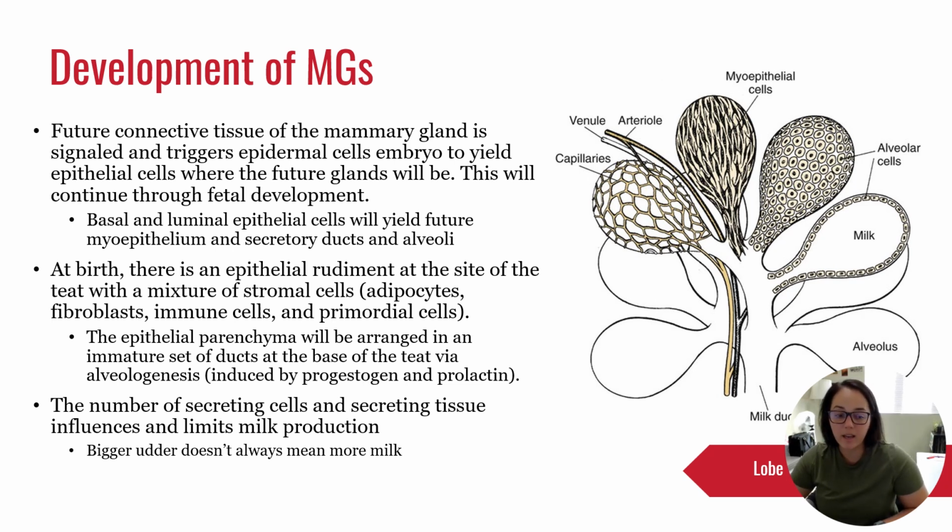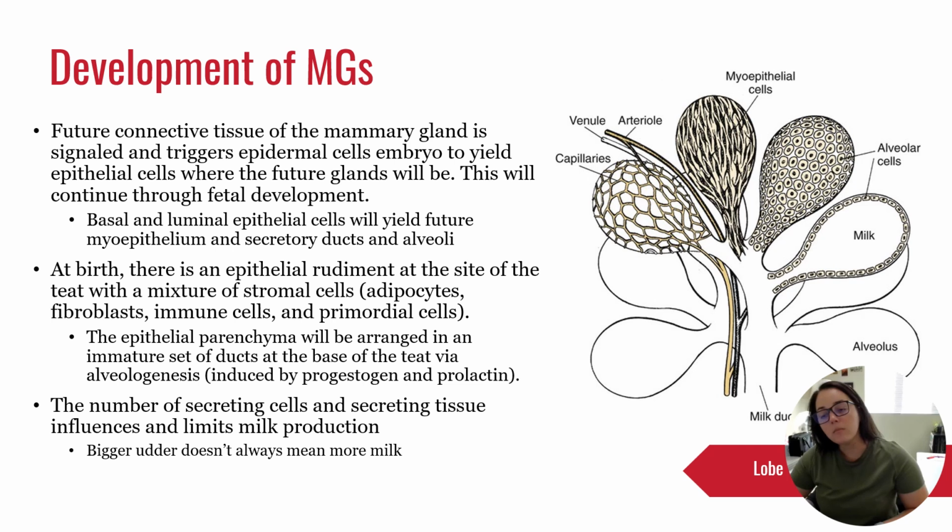Just because they have large udders doesn't mean that they necessarily have a lot of secreting cells and or secreting tissue that's going to allow them to produce a lot of milk. And so bigger udders doesn't always mean that they're going to produce more milk. Those large udders could solely be excess connective tissue and fibrous tissue and things like that that will never aid her in producing a lot of milk.